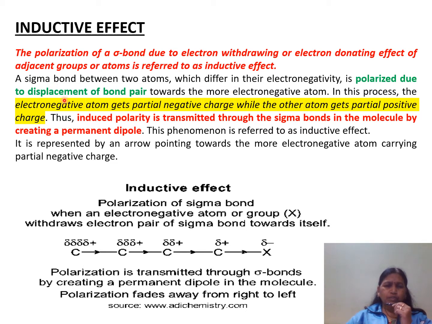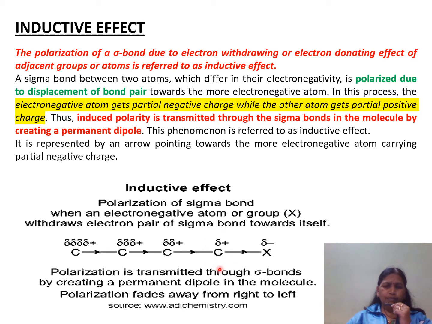In this process, the electronegative atom gets a partial negative charge while the other atom gets a partial positive charge. Due to displacement of the bond pair, the more electronegative atom gets a partial negative charge and the carbon atom acquires a partial positive charge. The induced polarity is transmitted through the sigma bond in the molecule by creating a permanent dipole.